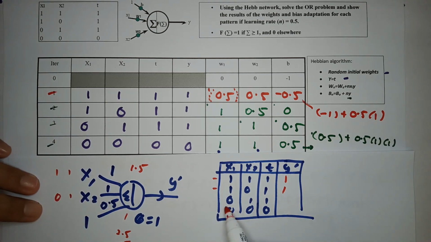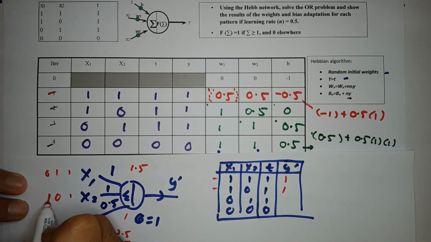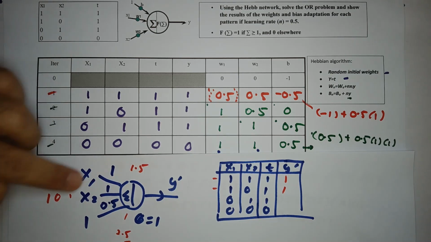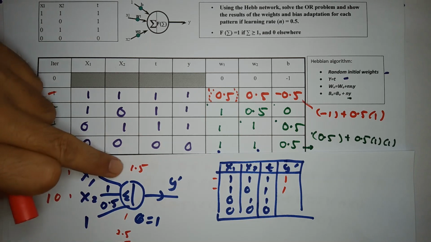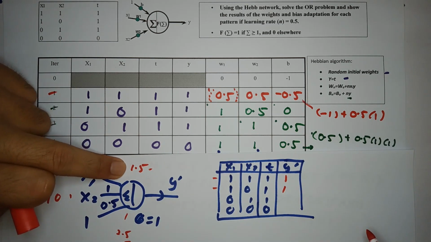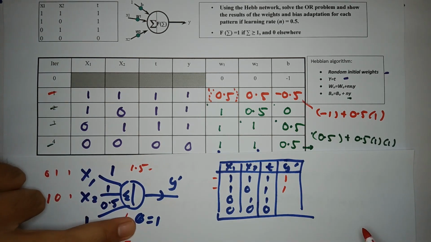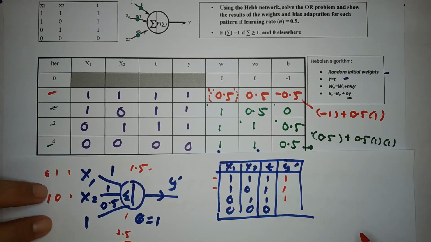The next part will be 0, 1, which will be more or less the same. This will be 0, this will be 1, and this part will be 0.5. So we have the same value of 1.5, which is actually higher than 1. So for this particular case, your y prime will be equal to 1, which will be triggered.